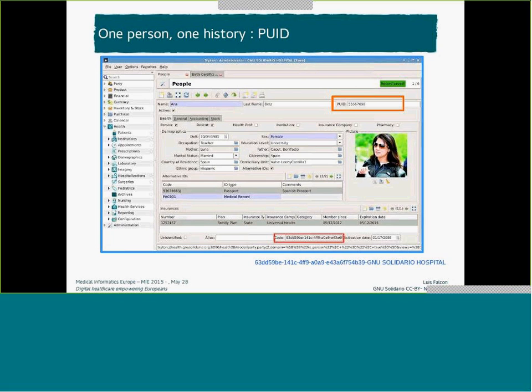Your own social or national ID card or whatever, but you have the UUID, as you can see on the slide, appended as a suffix with the health institution that created it. That number is unique. And I'll aggregate the information and synchronize the information on the health centers that you have been through in your life.